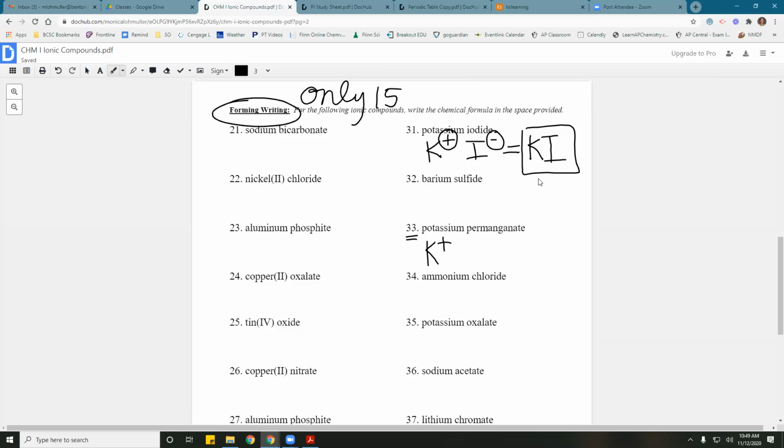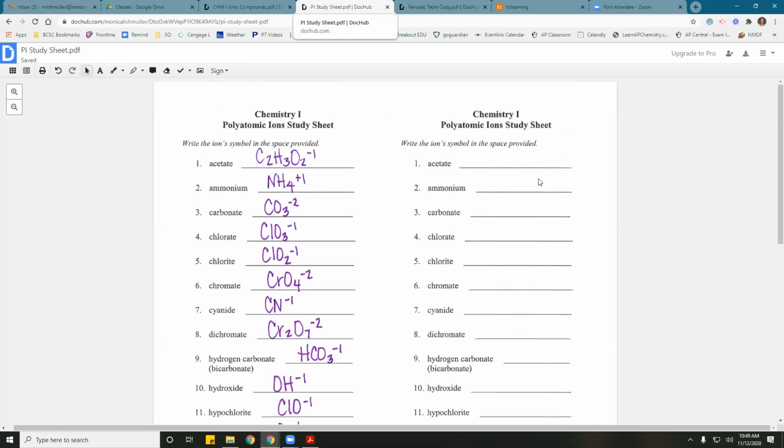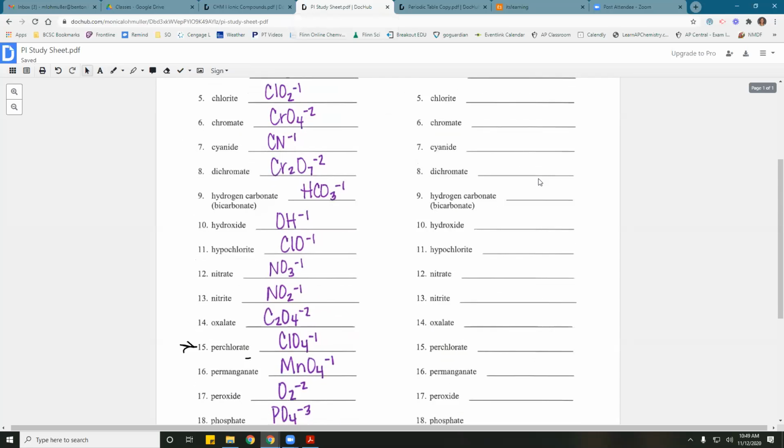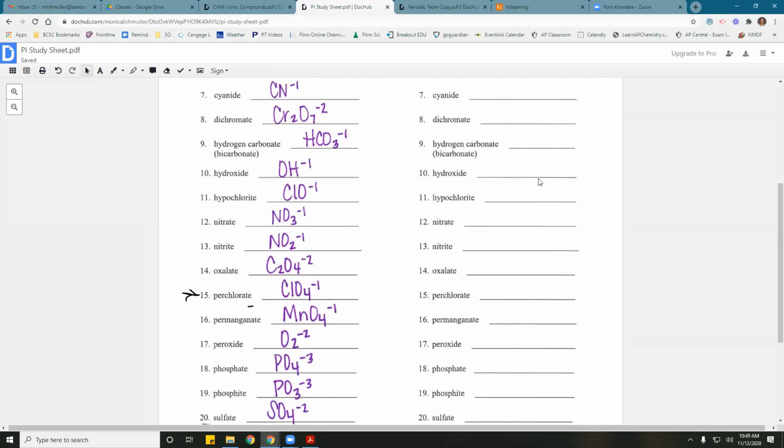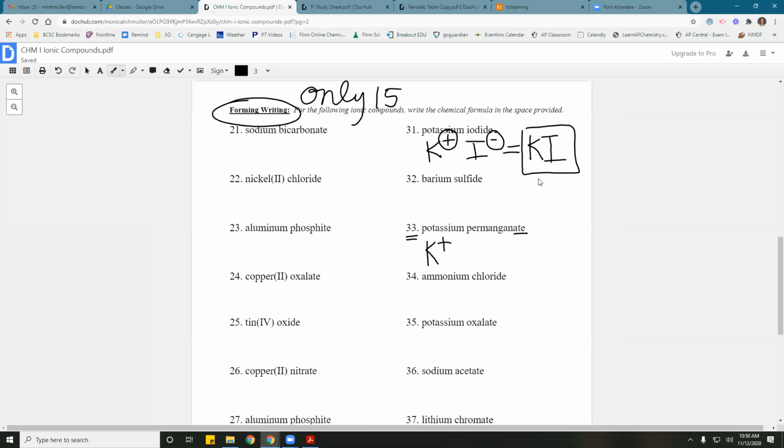But then since permanganate ends in -ate, that tells us that we need to look at our polyatomic ion sheet. We're looking for the word permanganate, and that is number 16 on this list. So that means that we're going to input MnO4 with a -1.